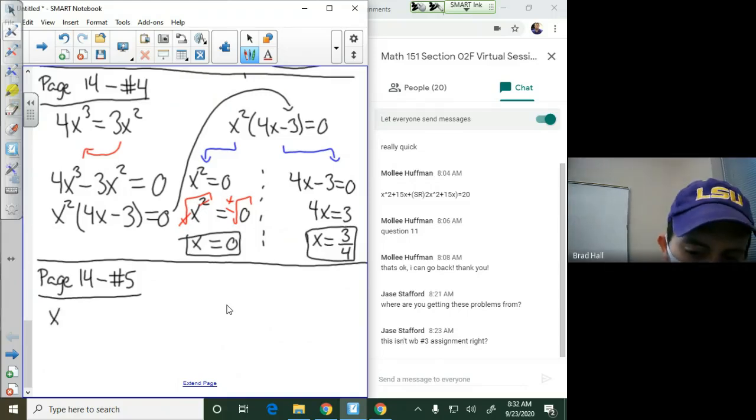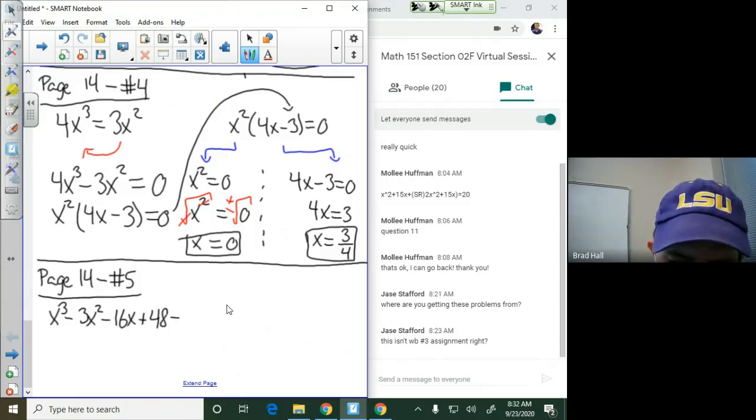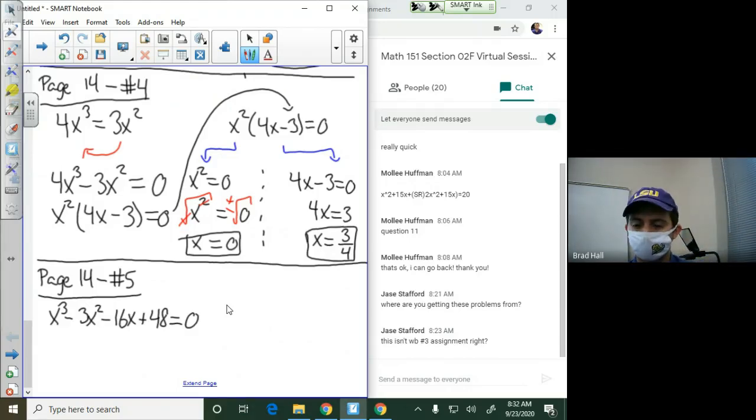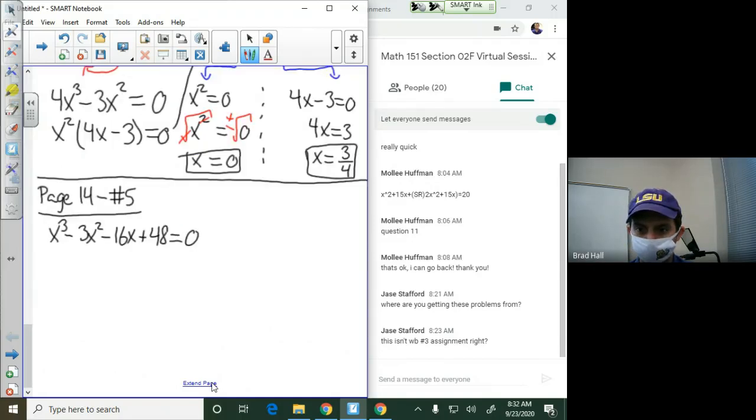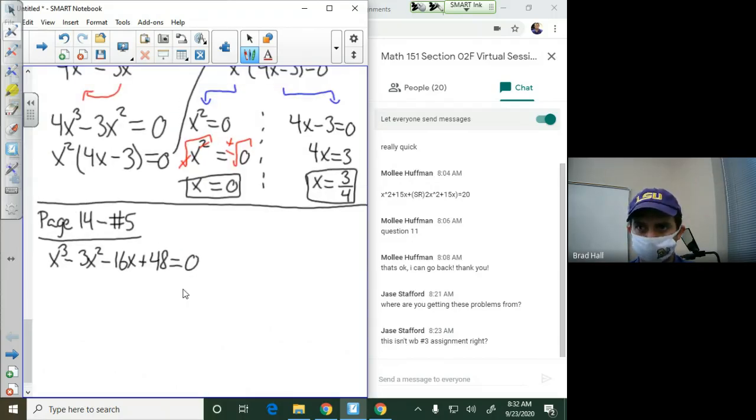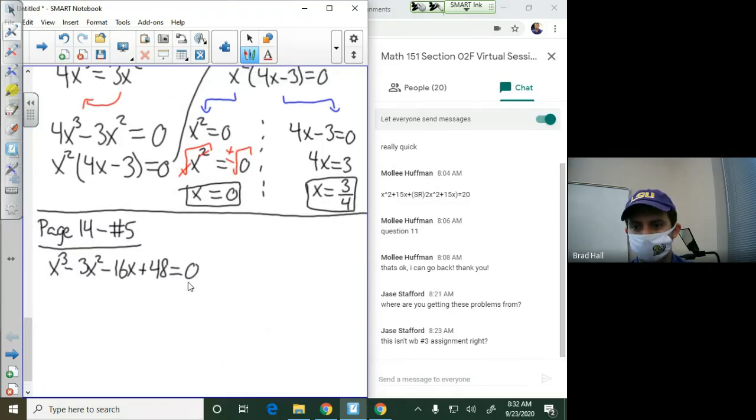This one says x to the third minus 3x squared minus 16x plus 48 is equal to 0. And hopefully this form elicits something in your mind that seems fairly reminiscent to something we've recently discussed. This is grouping. This is a grouping problem.